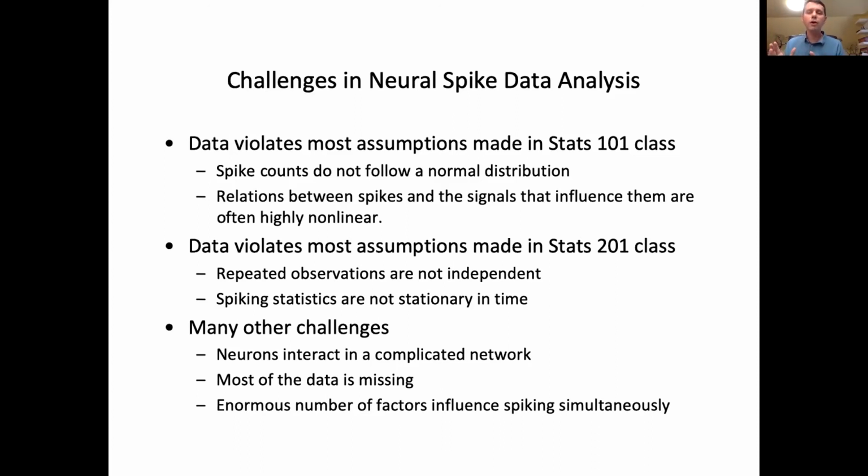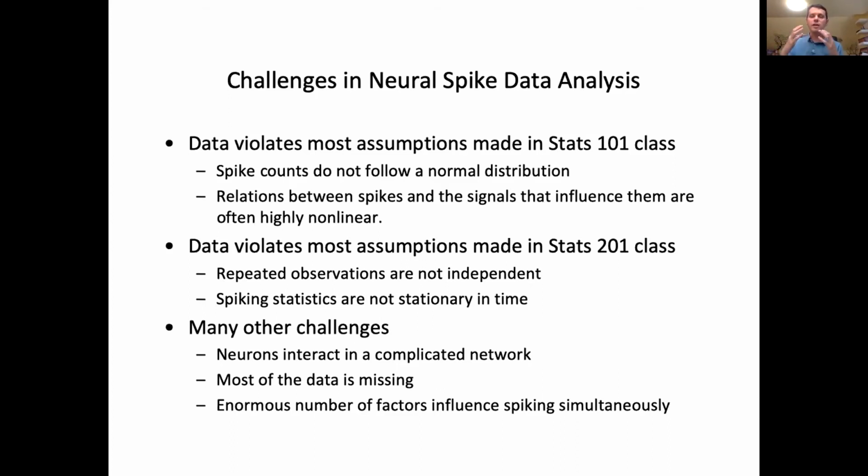And even if you go and take more advanced stats classes, you still typically are making some assumptions that don't normally hold for neural data, and in particular spike or event data. In particular, repeated observations over, say, intervals are rarely independent. The past event history almost always tells you something about what's going to happen in the future. And related to that, event statistics are rarely stationary in time.